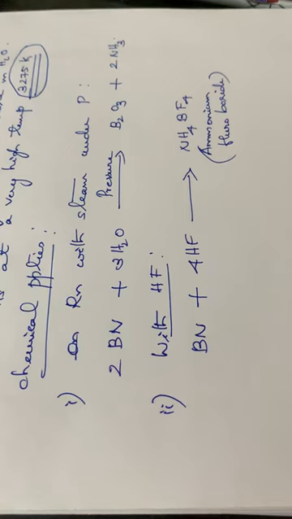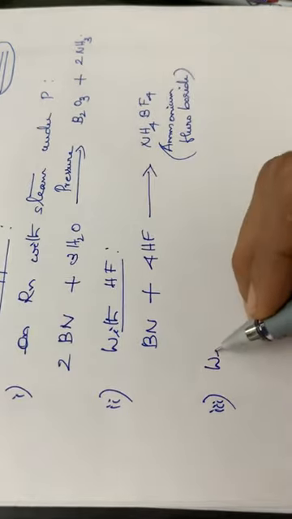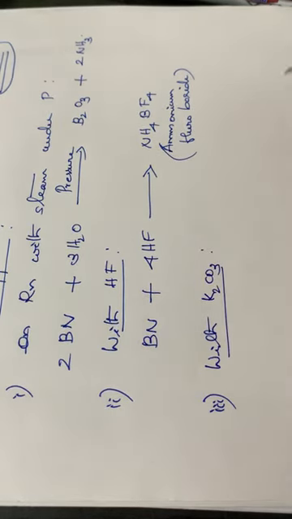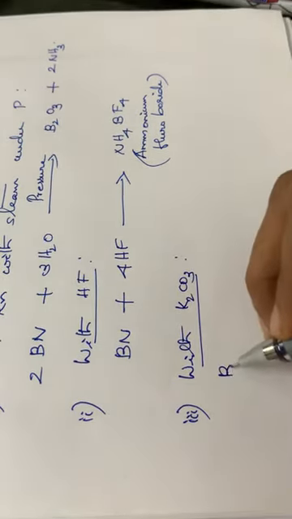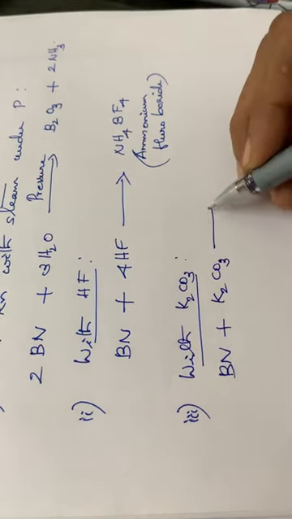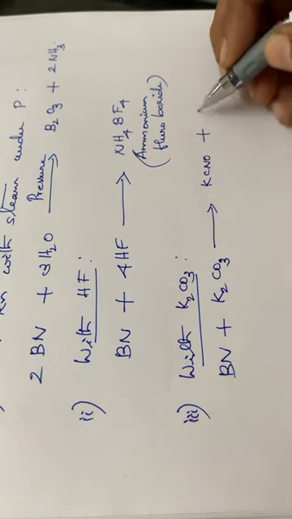Then the next reaction, third reaction with potassium carbonate, K2CO3. So boron nitride plus K2CO3 giving potassium cyanate KCNO plus KBO2.